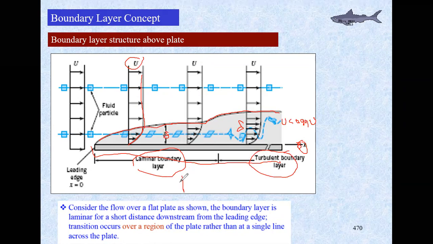Because if you remember, the Reynolds number can also be defined as U L divided by the viscosity. L is the length. So as the length increases, the Reynolds number increases, and then you go through a transition from laminar to turbulent boundary layer based on the L value.